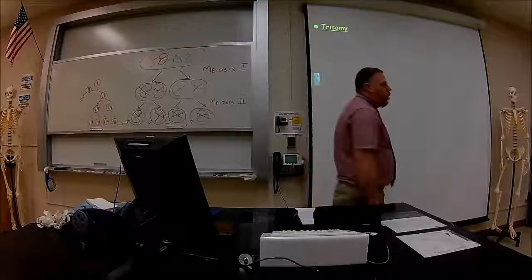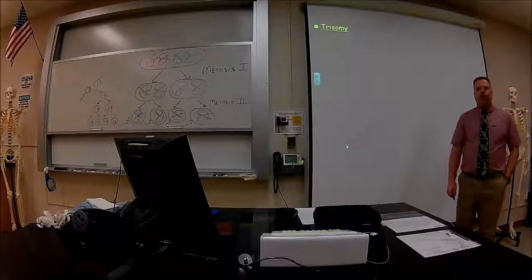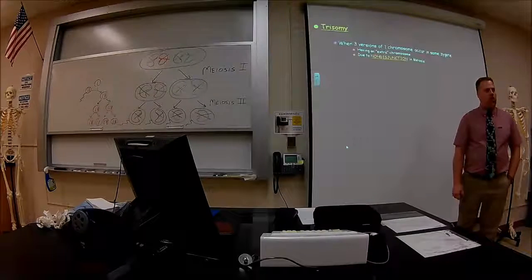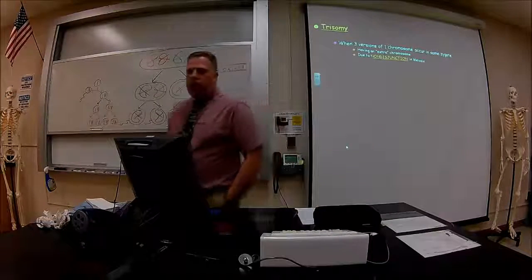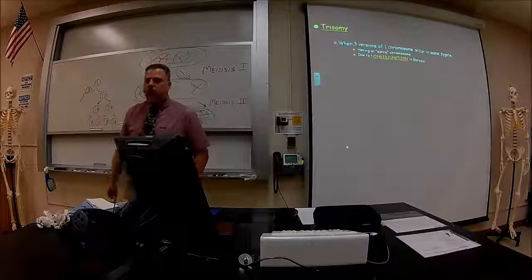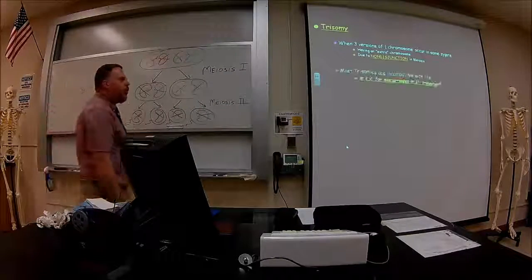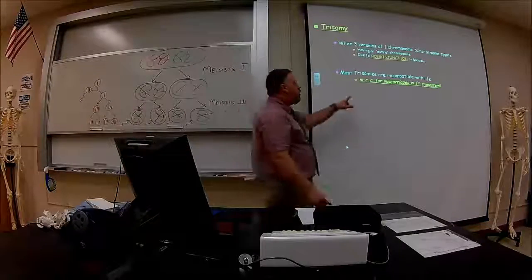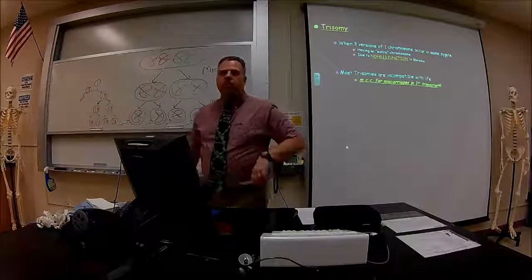So trisomies is the #1 cause of miscarriages. Okay? It's when we have 3 versions of one chromosome that occur in the same zygote. And it's due to non-disjunction. In most cases, they turn into miscarriage. Trisomy is the most common cause of miscarriages in the first trimester.